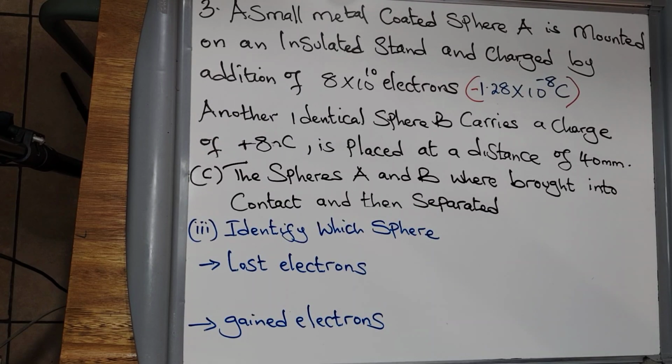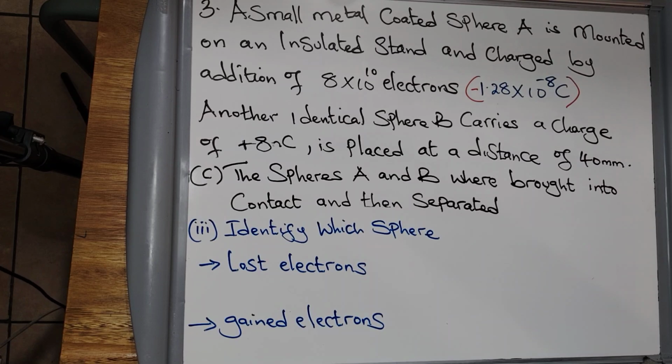If you have a negative charge, what does it imply? That charge was created by addition of electrons. And a positive charge is created by losing electrons. So all the charges we have, positive and negative, are created by movement of electrons.